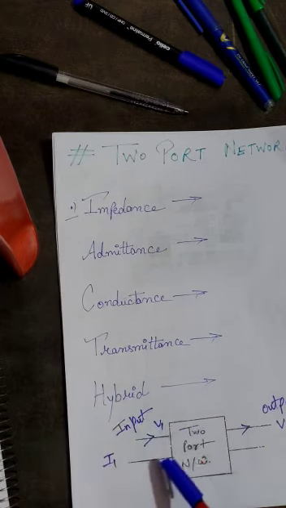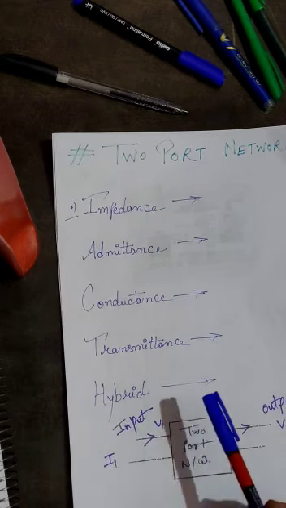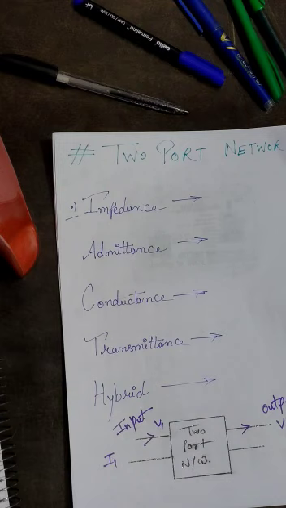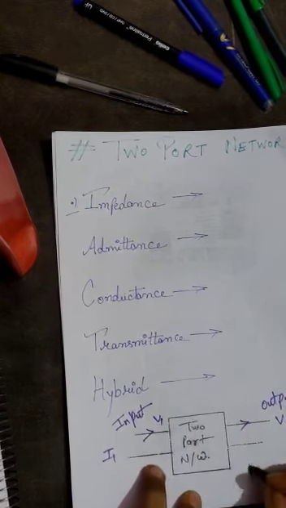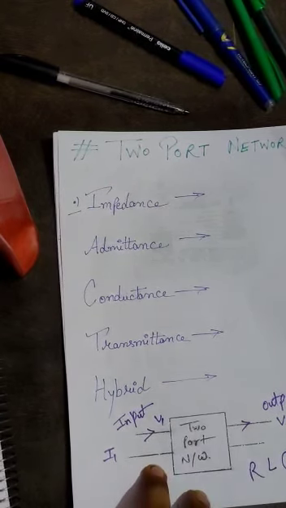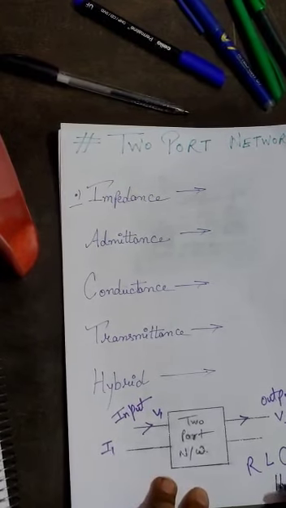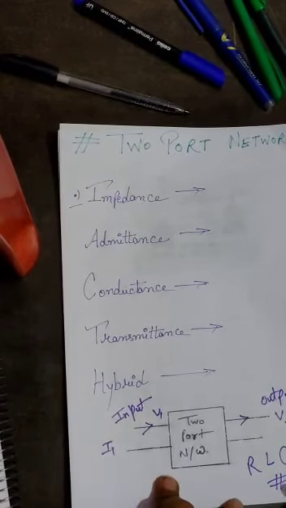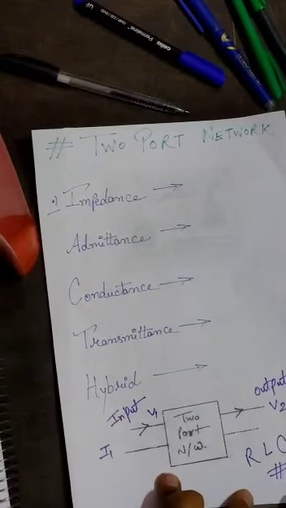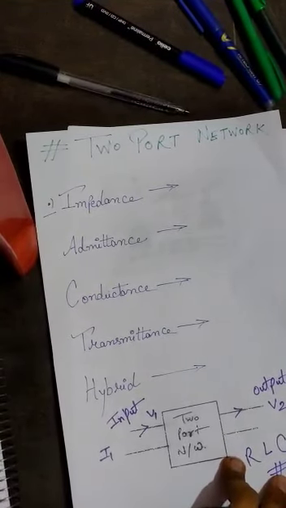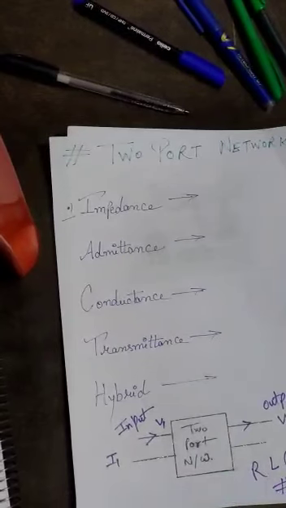Linearity of a system means that the network parameters resistance, inductance and capacitance, R, L, C, are constant with respect to voltage and current.